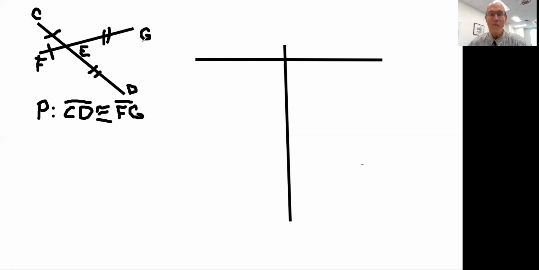So to start with, remember the first statement in everything we do is the given. So if we put statement 1 here, we can talk about CE. CE is equal to, or is congruent, I'll put the congruent sign on it in a minute, FE.